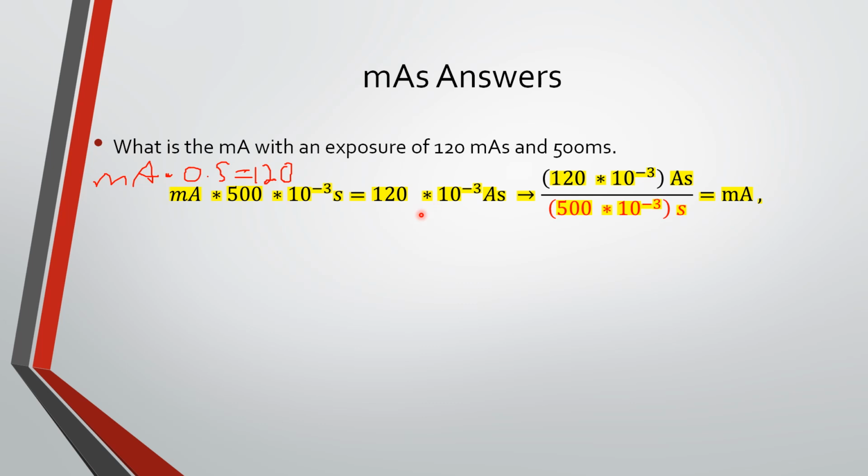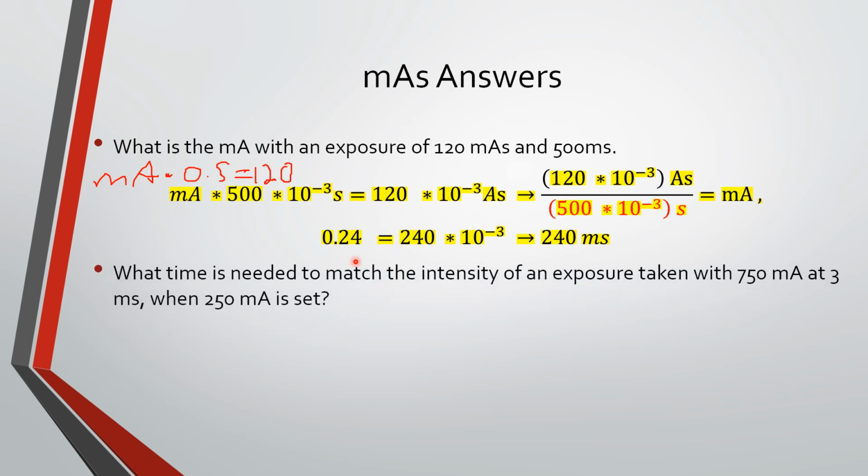Then we just divide this by this, and these two cancel out. 120 divided by 500 equals 0.24, which equals 240 times 10 to the negative 3, so that equals 240 milliamps, or 0.24 amps. That's just a different way to do things.